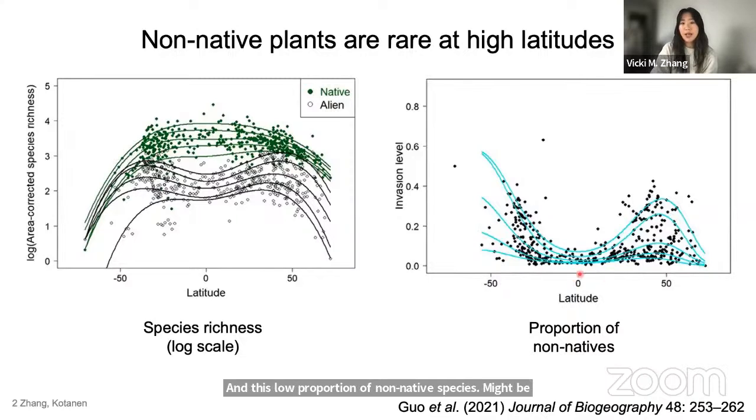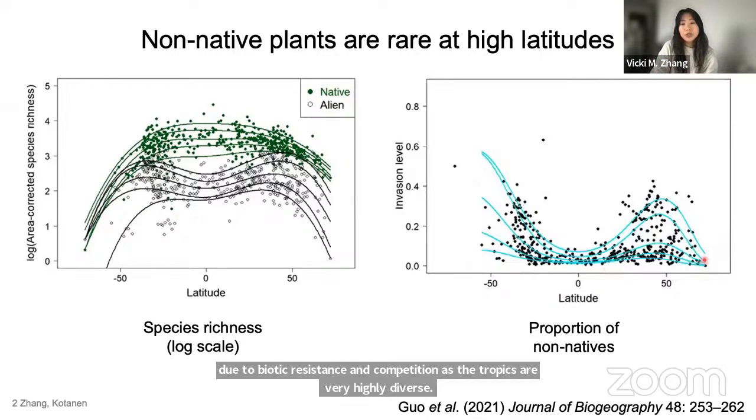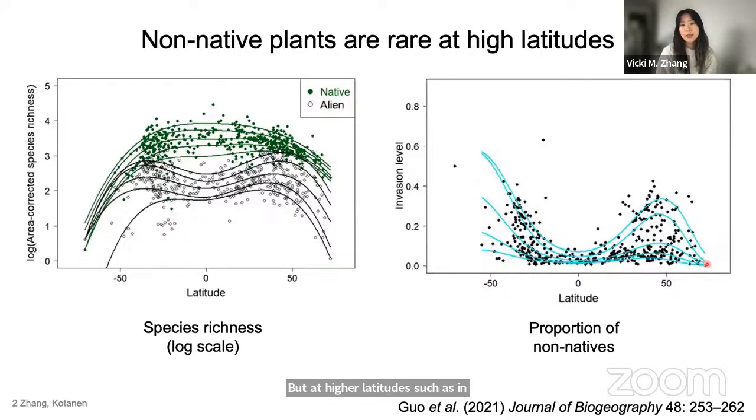Near the equator, this is likely due to biotic resistance and competition, as the tropics are very highly diverse. But at higher latitudes, such as in the Arctic and Antarctic, the lower proportions of non-native species might be due to other reasons, such as abiotic factors and propagule pressure.